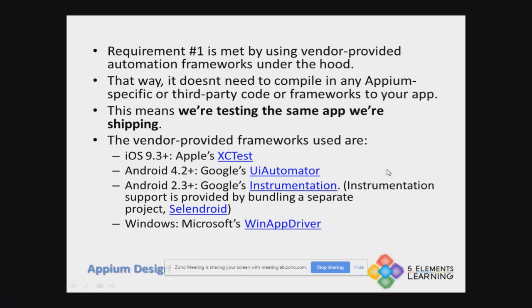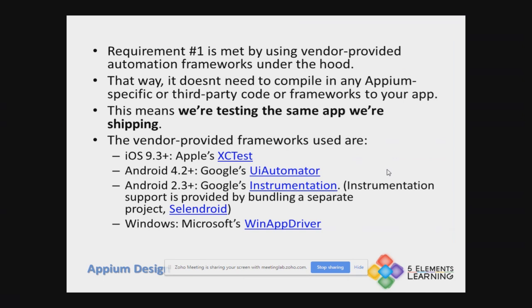So let us see how APM follows these philosophies which we have just discussed. Requirement one is met by vendor provided automation frameworks under the hood. That way it does not have to compile in any APM specific or third party code or framework. So we are effectively testing the same application we are shipping.